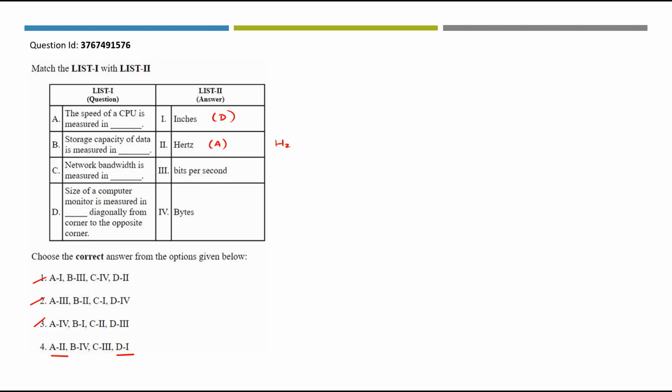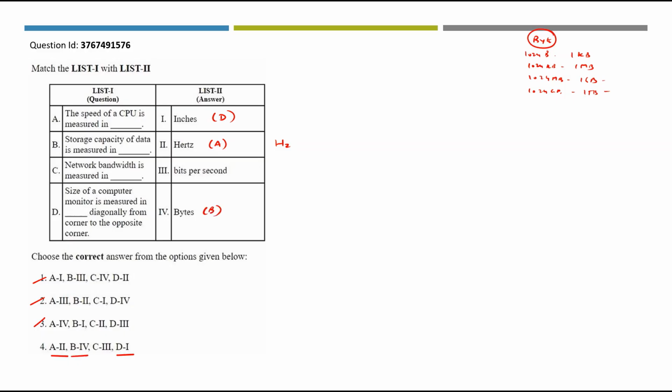What is accompanying these terms? It is byte. Then 1024 bytes can turn to 1 KB, 1 kilobyte. 1024 kilobytes can be 1 megabyte. 1024 megabytes can be 1 gigabyte. 1024 gigabytes can be 1 terabyte. What is the basic unit here? It is actually byte. B will be mapping to 4.